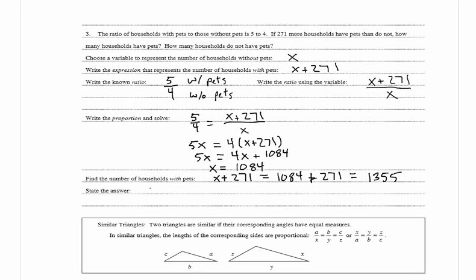So we can say that 1,355 households have pets, and 1,084 households do not have pets.